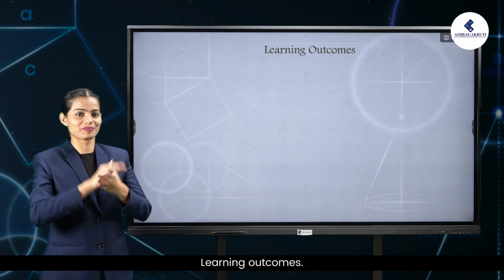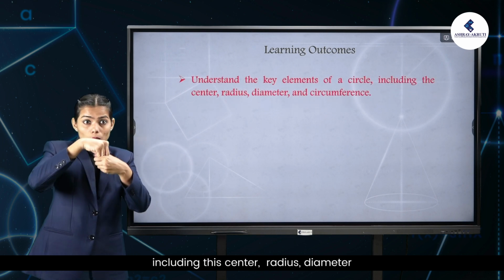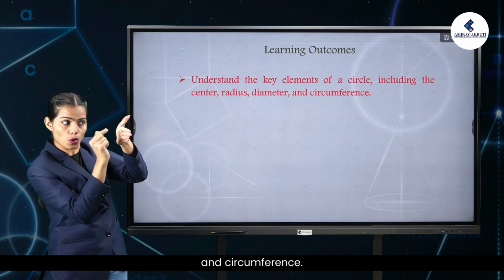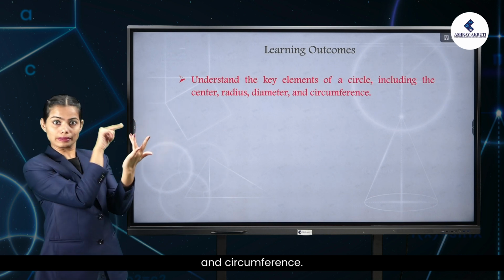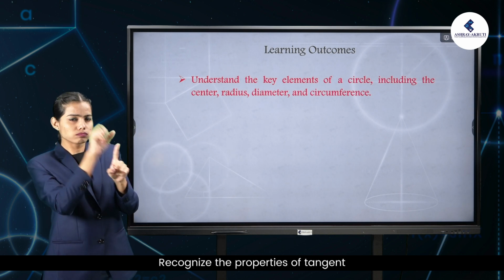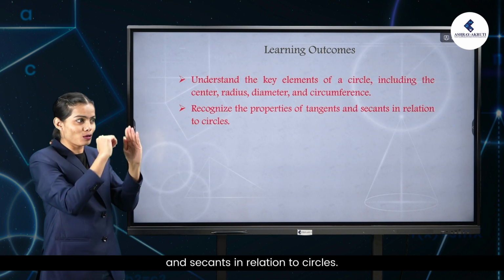Learning outcomes. Understand the key elements of a circle, including the center, radius, diameter, and circumference. Recognize the properties of tangents and secants in relation to circles.